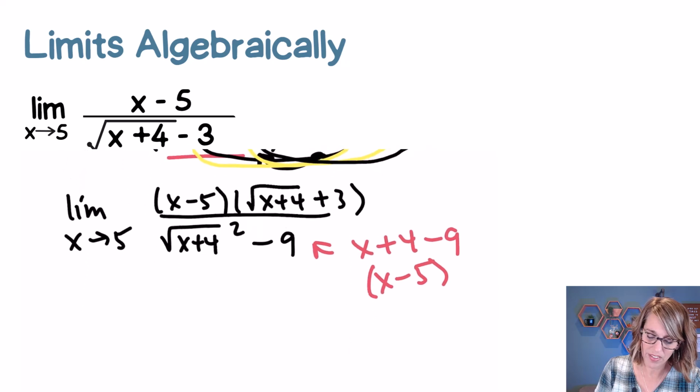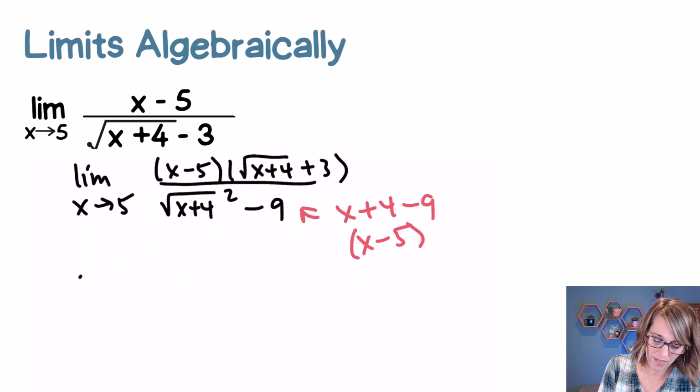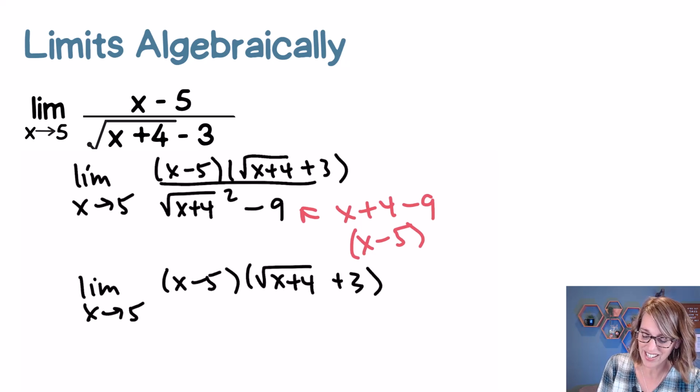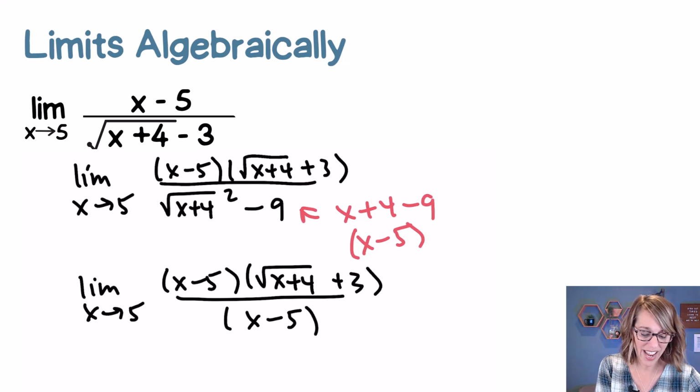We end up with the limit as x approaches 5. You'll see why I did not multiply through that numerator, x minus 5 times the square root of x plus 4 plus 3. It's because I ended up with that x minus 5 in the denominator, and I'm able to cancel it. I'm removing that discontinuity at 5 by canceling the x minus 5s.